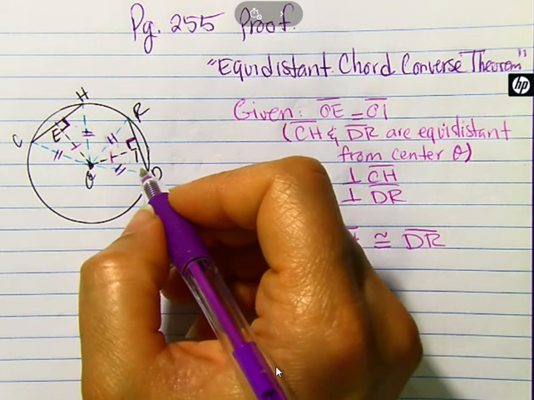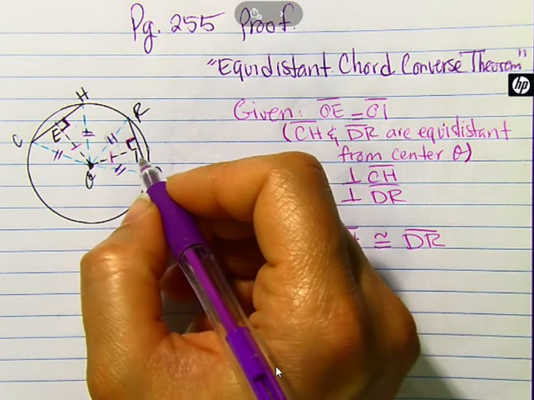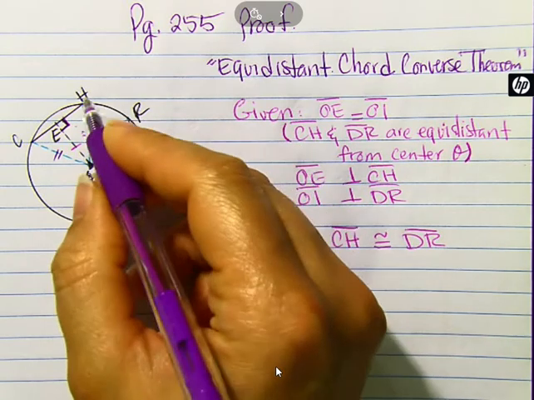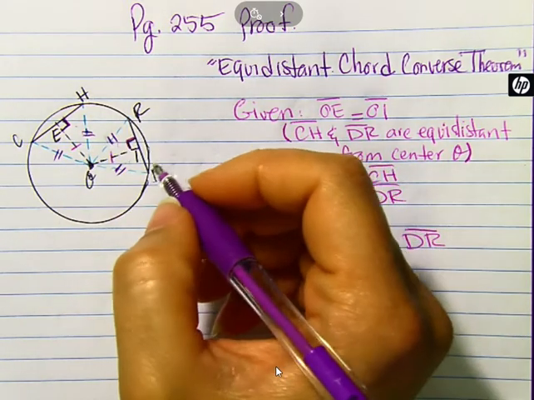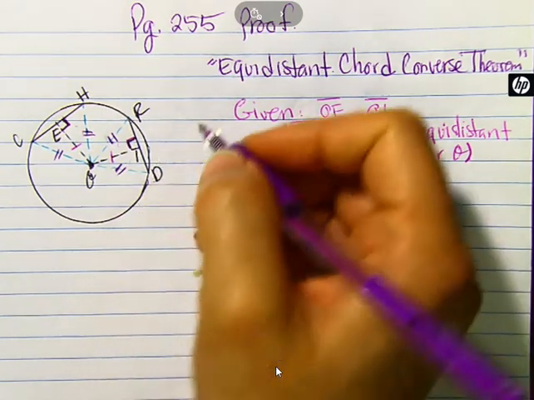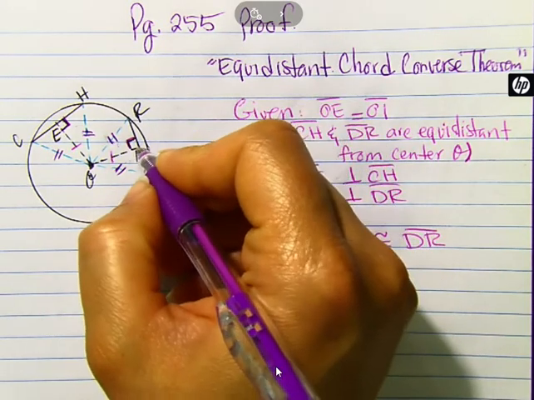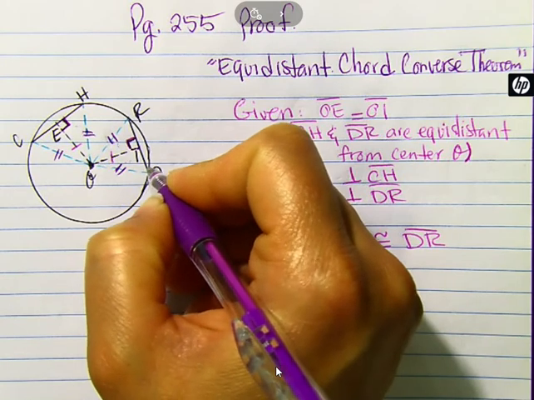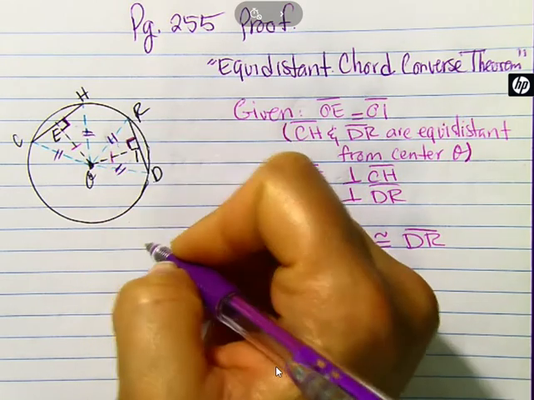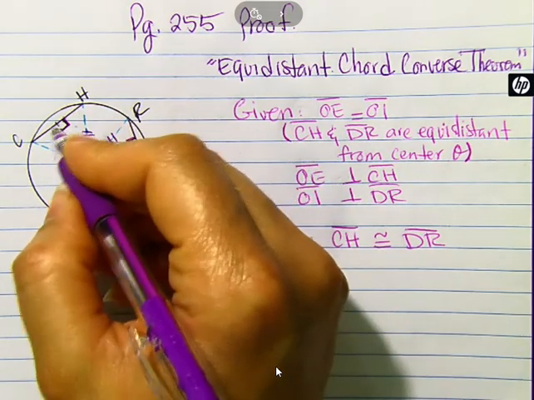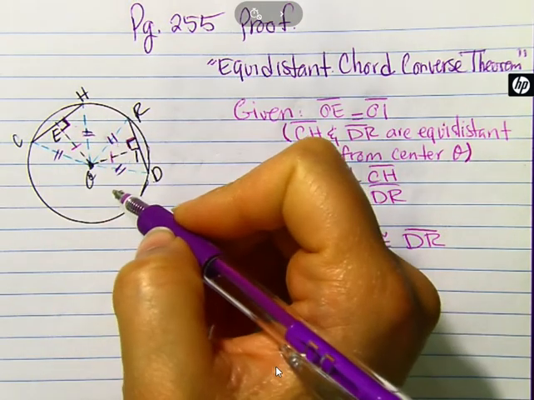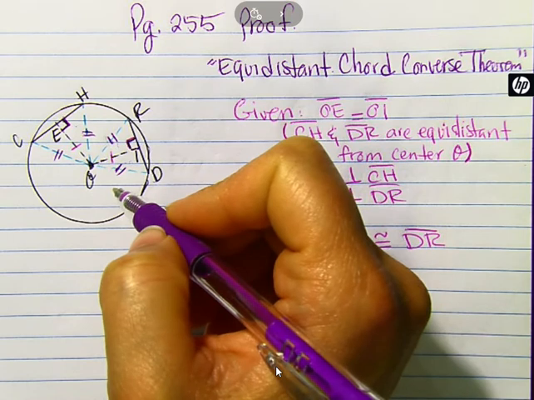Now that I've proven all these triangles congruent, I need to figure out a way to say RD is congruent to CH. Well, that shouldn't be too difficult if we keep in mind that IR and ID make up chord DR. EH and EC make up chord CH by the segment addition postulate.